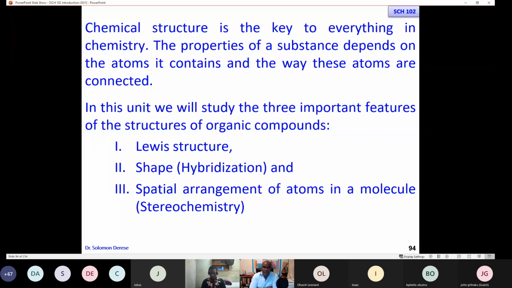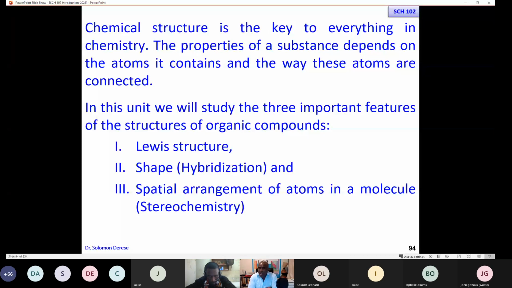And then once we have studied the Lewis structure and determined which atom is connected to which particular atom, in what type of chemical bonding, etc., then we study hybridization. Hybridization will tell us about the shape of molecules.